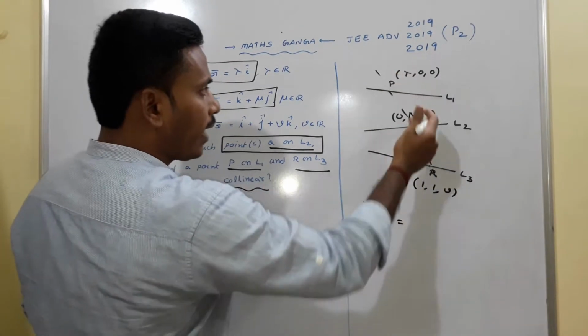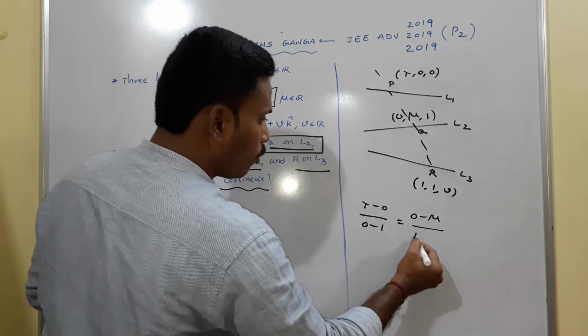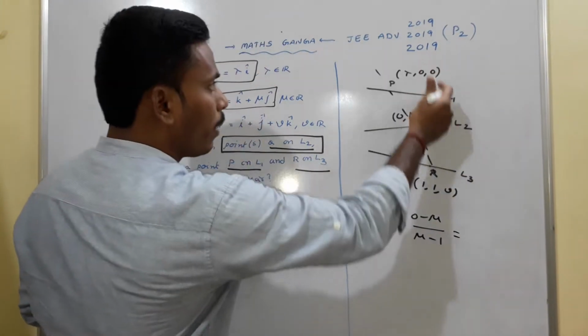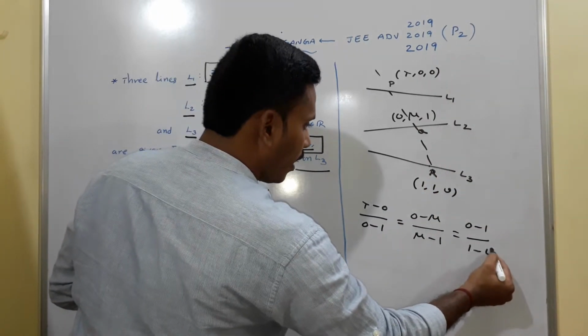Again, for PQ it is 0 minus mu and for QR it is mu minus 1. Again, for PQ it is 0 minus 1 and for QR it is 1 minus mu.